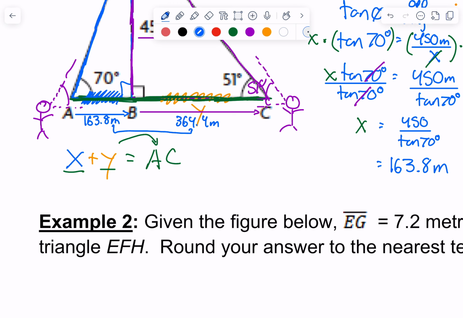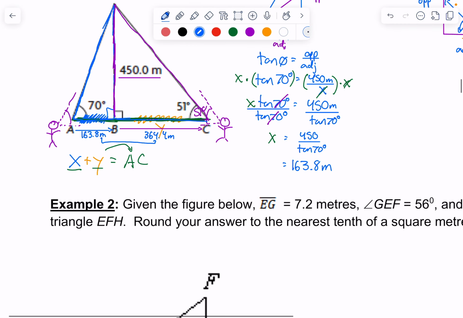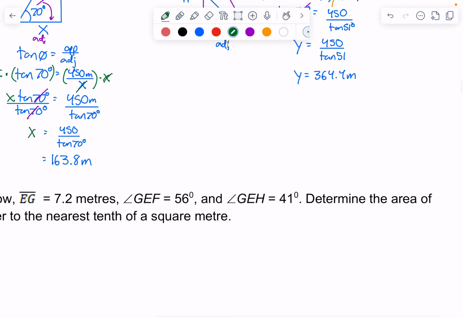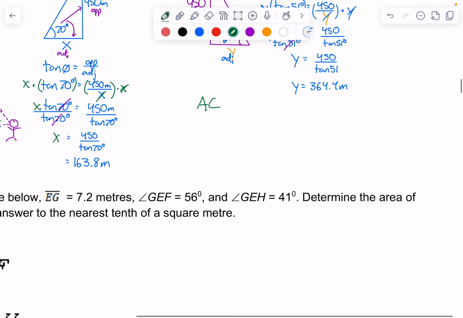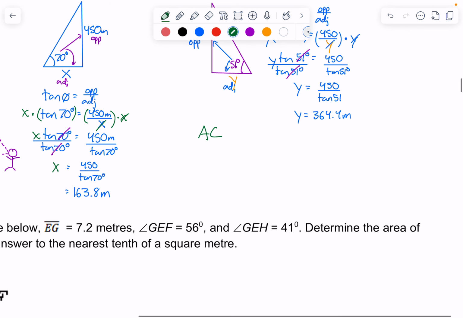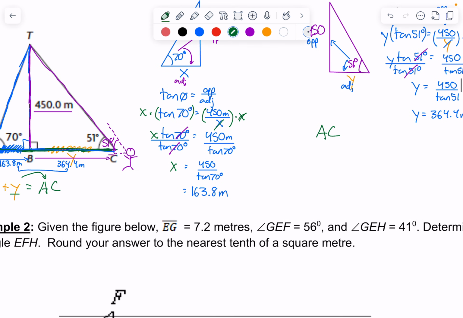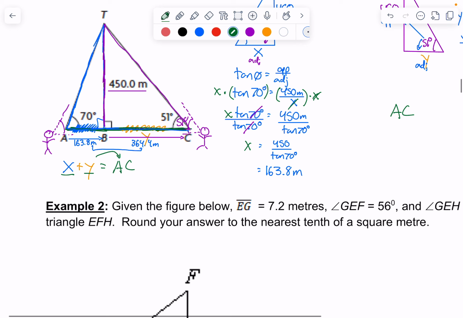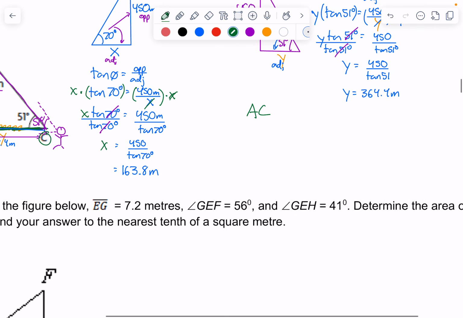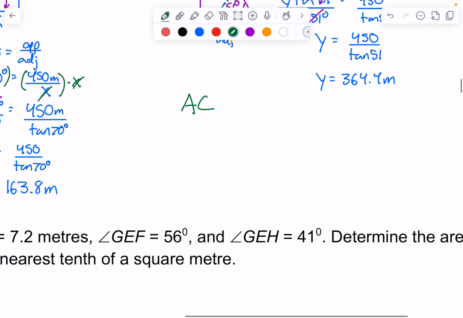So the combination of your two values, these and these right here, is going to give you what you want, the total distance going from A to C, okay? So A to C, and just so when we talk about side lengths of a triangle and we are describing it by its vertices, so there's vertex A, vertex C, we call a side length like this with a line over it. So that's side length AC.